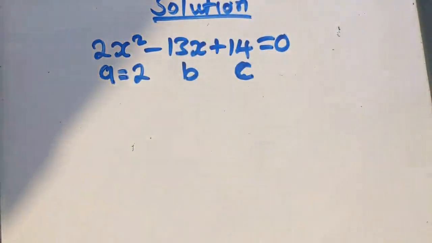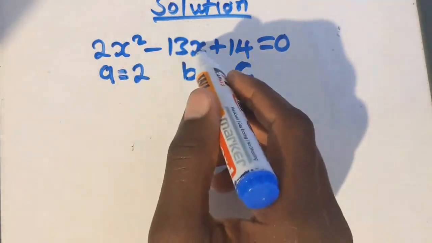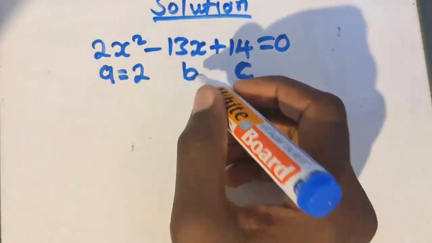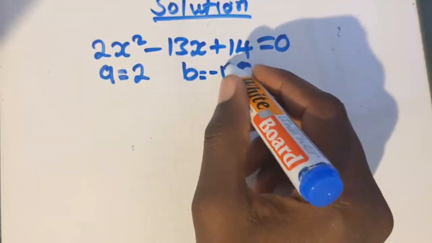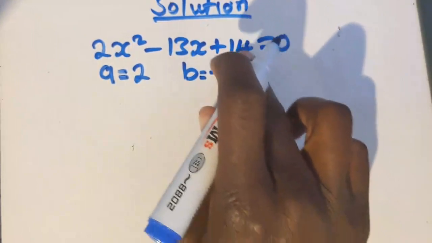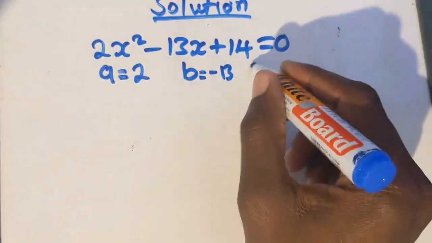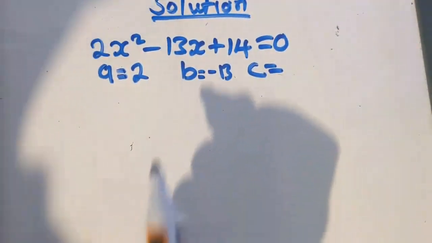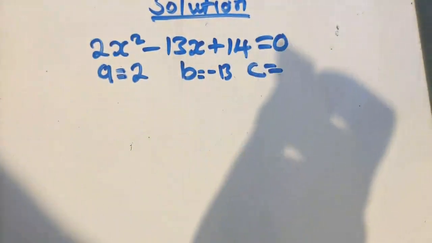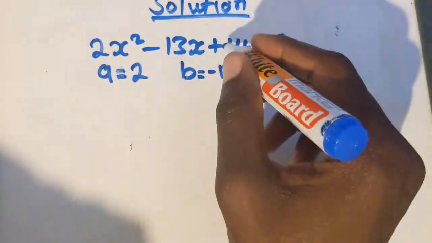A coefficient is a number attached to a letter, so the number attached to this letter is negative 13. Then c is the constant. We call c a constant, which is a number that doesn't have any letter attached to it, which is 14. So it is positive 14.